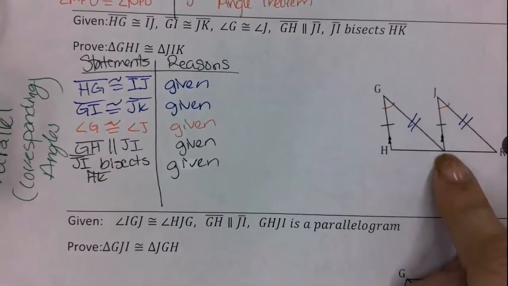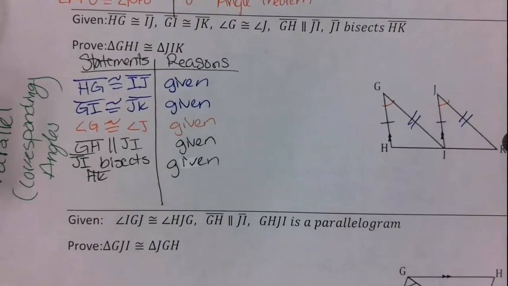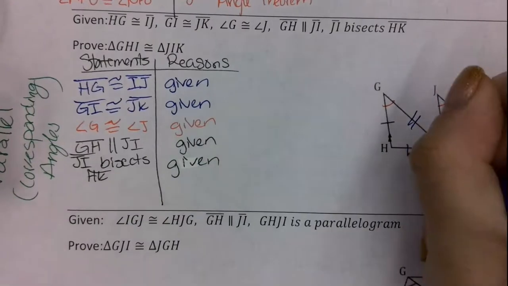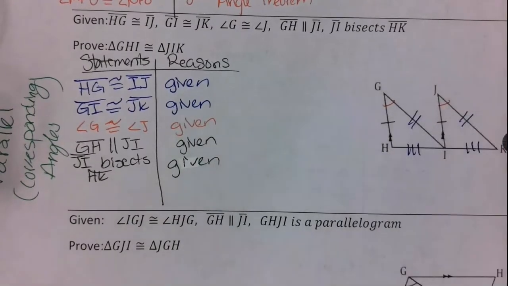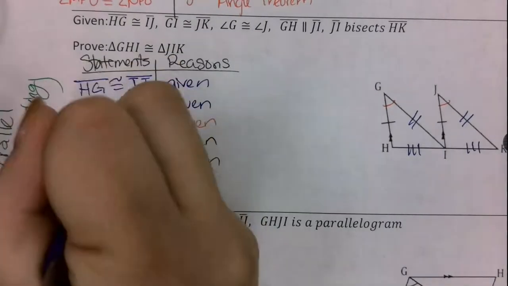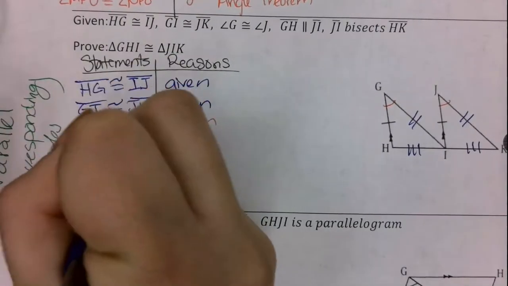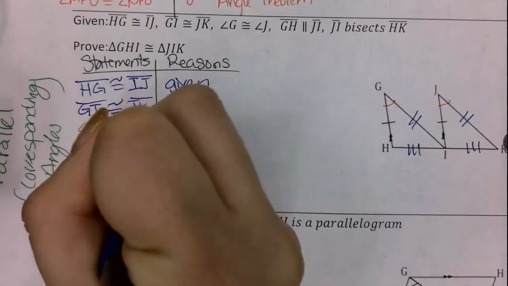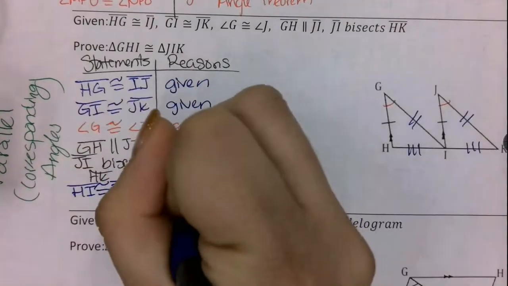So if JI is cutting this in half, it means that these two sides are going to be congruent. So HI is congruent to IK by definition of bisect.